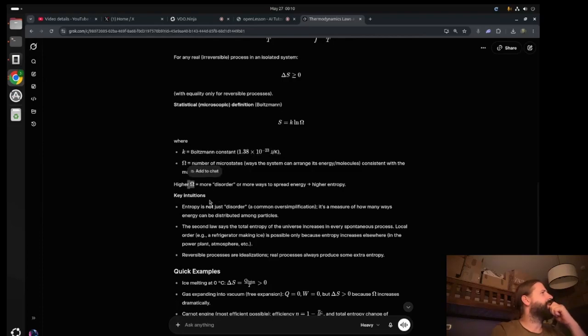where higher omega means more disorder, or more ways to spread energy, so higher entropy. Entropy is not just disorder. Yeah, that bothers me a lot. It's a measure of how many ways energy can be distributed among particles. Okay, the second law says the total entropy of the universe increases in every spontaneous process.